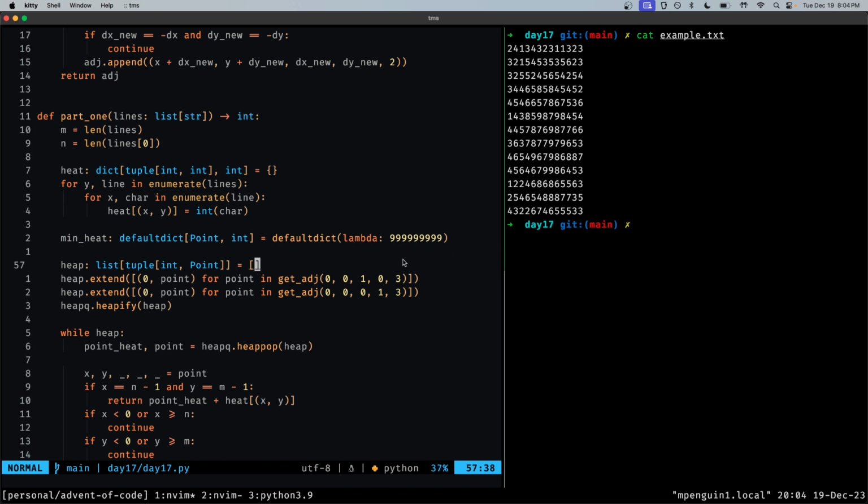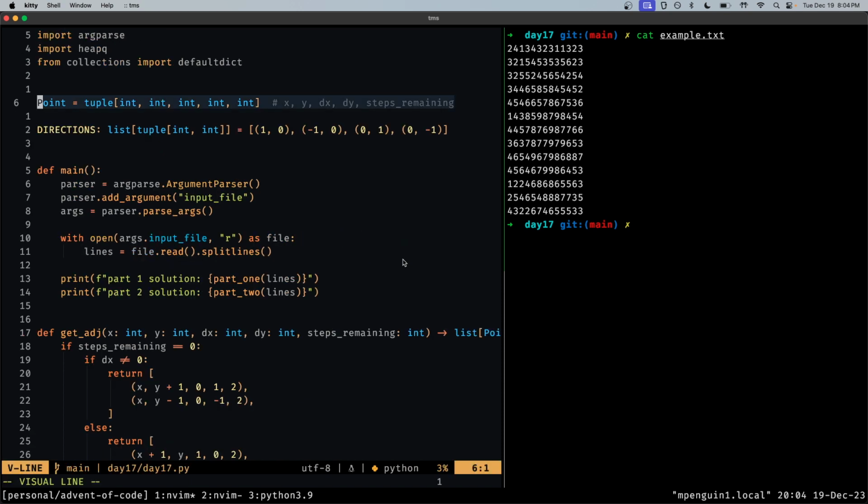What's notable here is that I am defining this new type, Point. If we go to the definition, Point is a tuple of not 2 integers, as you might think, which would correspond to x and y coordinates, but of 5, where the first 2 elements are the x and y position. The third and fourth elements are used to describe the direction of the crucible at each point.